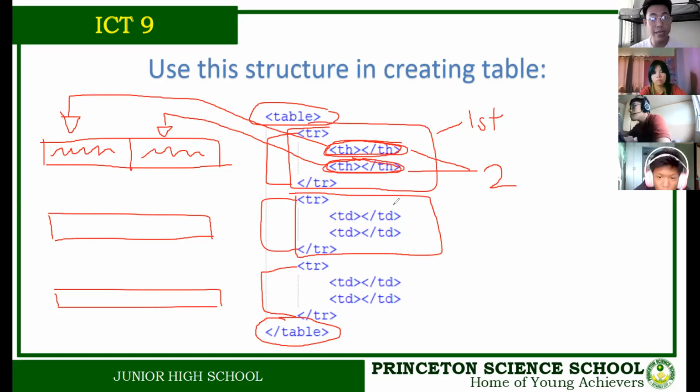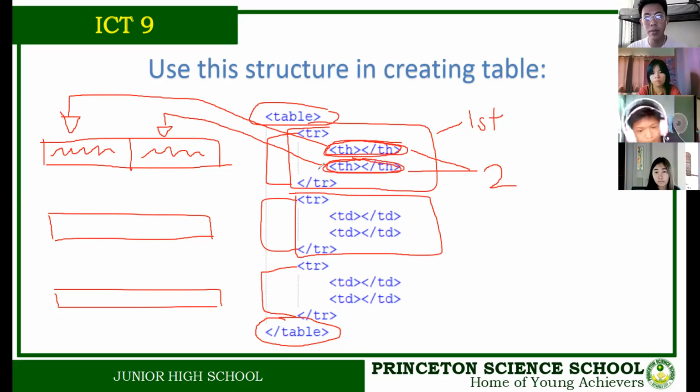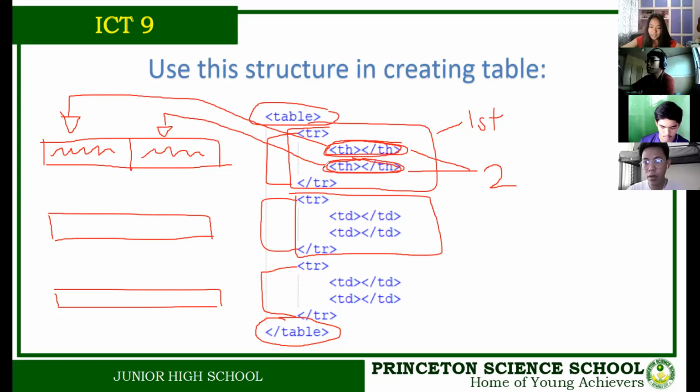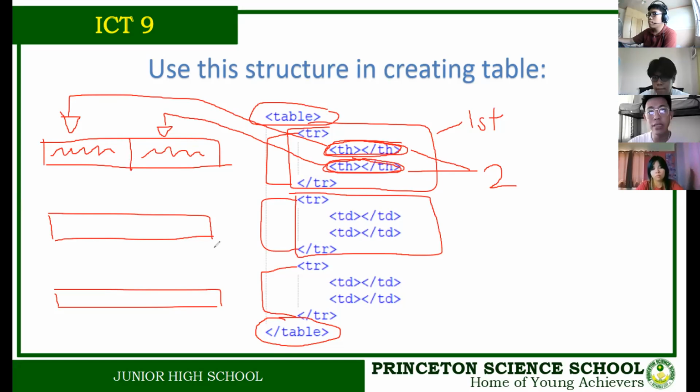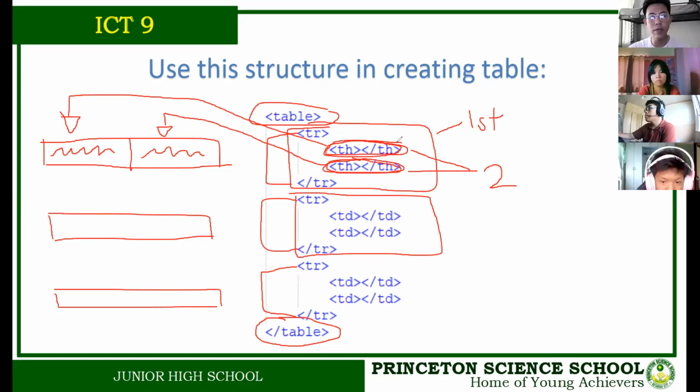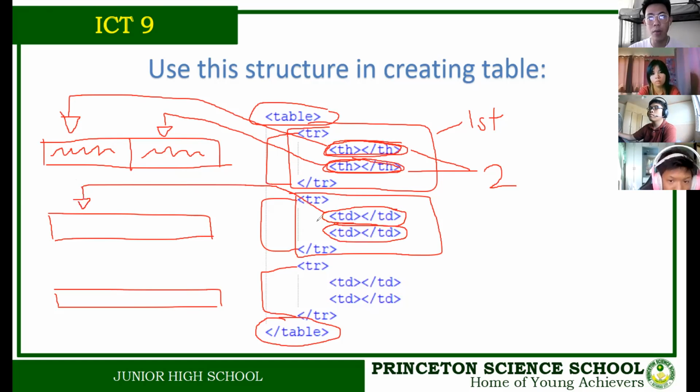So TD is what again? Yes, Clausa. Table data. The TD is the table data. If the top part or the first part is the table heading, the contents will be table data. And it will have a different font style than the one on top. Each one of these is a content in our row.